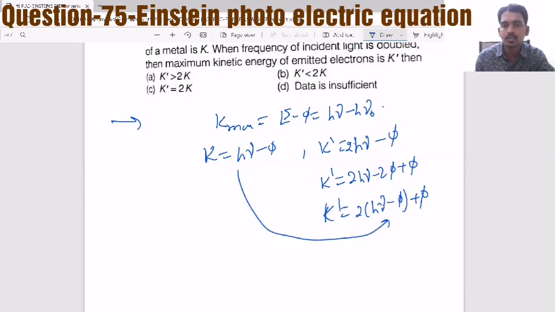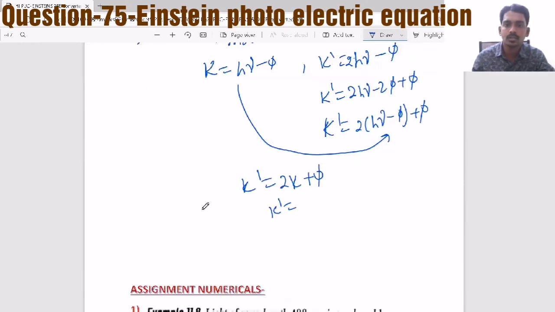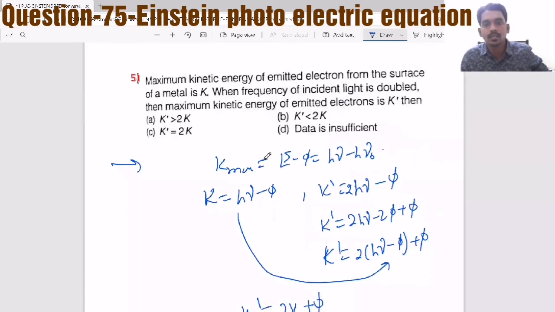But you substitute this one, h nu minus phi I can substitute as K. So K dash equal to 2K plus phi. 2K plus phi means what? K dash is more than 2K, 2 times K. That is what you can understand. So option A is correct.